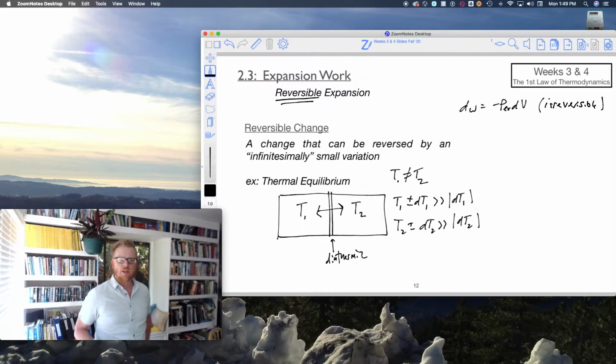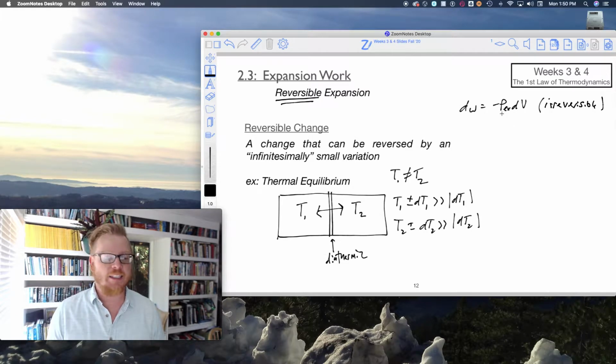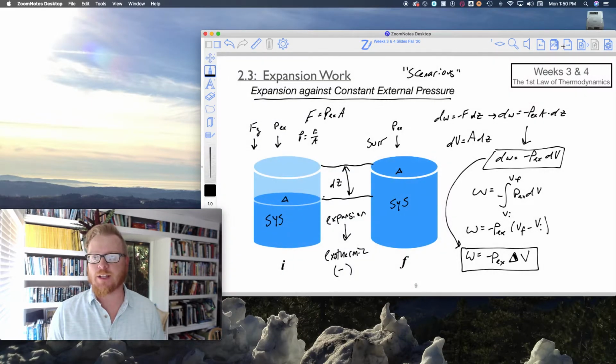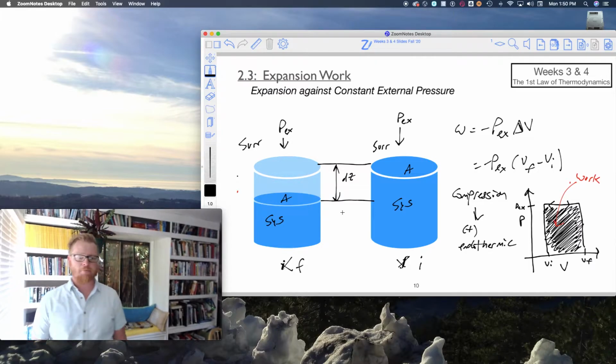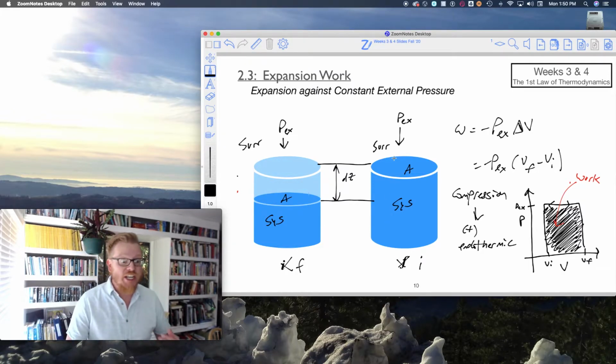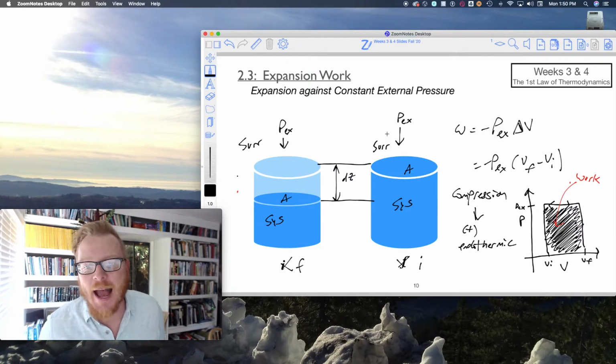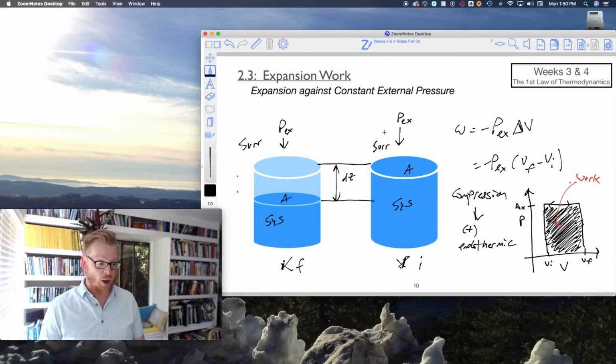Irreversible. Why did I write irreversible on that equation? Remember, this is the equation for expansion against constant external pressure. Let's back up to that for a second with this picture. Whether I'm going expansion or compression, once my system achieves mechanical equilibrium with the surroundings, the pressure inside the system will be the same as the pressure of the surroundings.